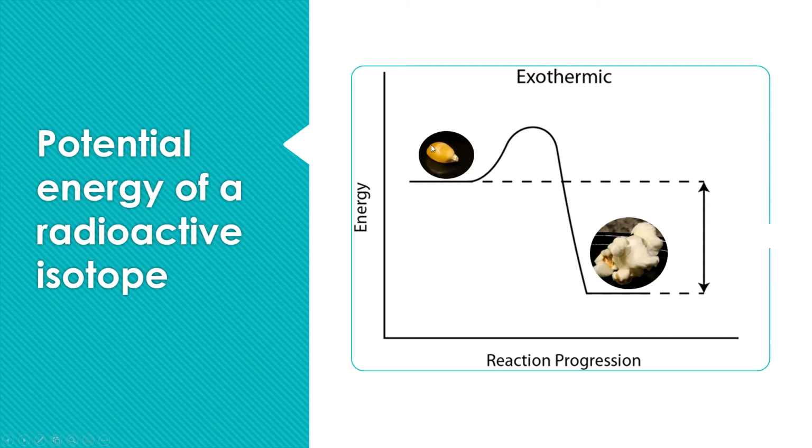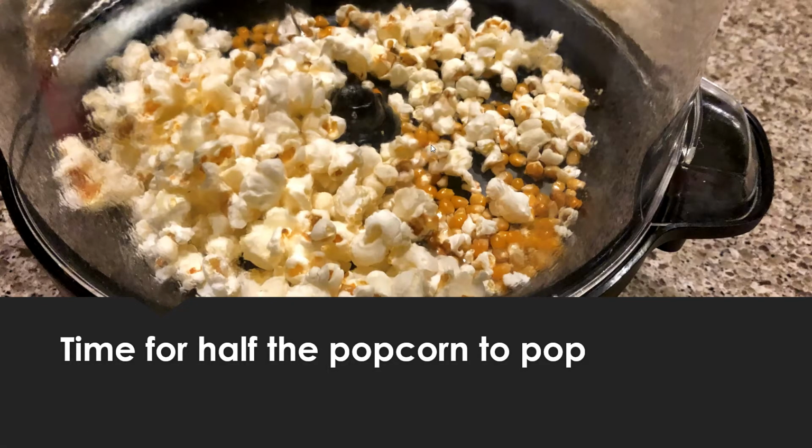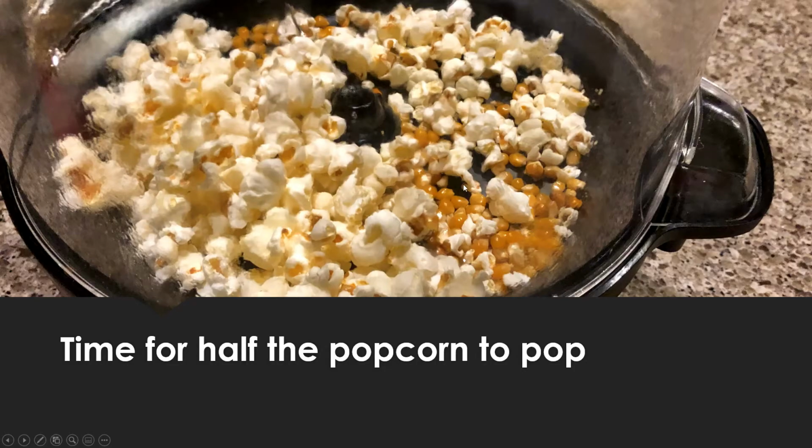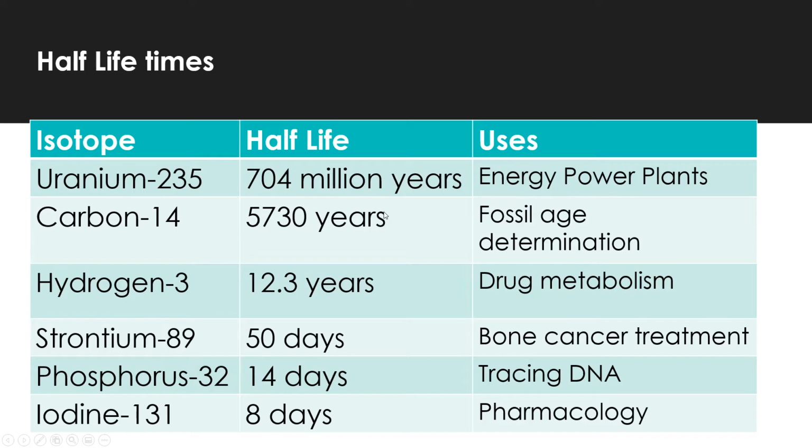So when we were cooking popcorn, the point where half of it was popped and half of it was not would be considered the half-life. So if we had 1,000 popcorn kernels, the point where there's only 500 popcorn kernels left and the rest would be the fluffy white stuff, that would be the half-life of popcorn.